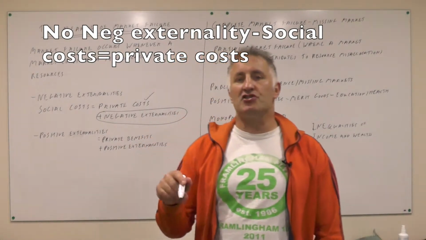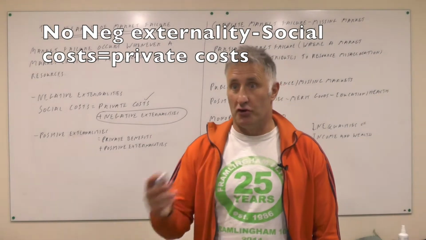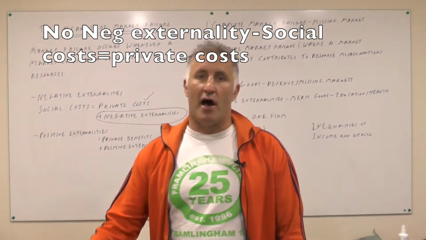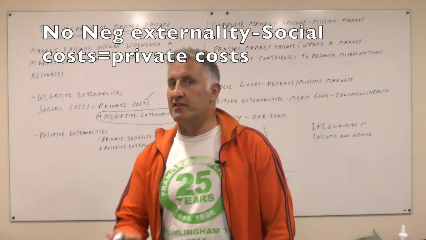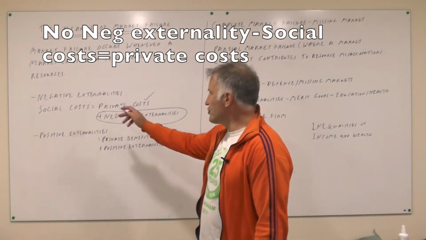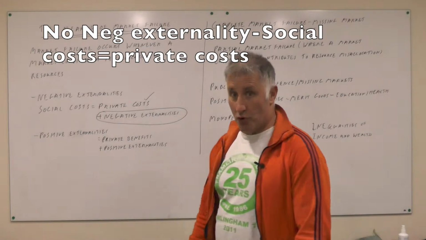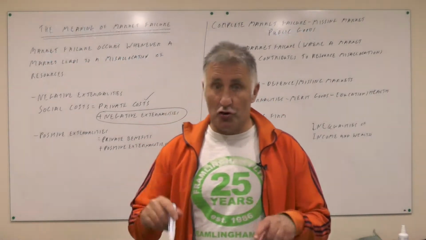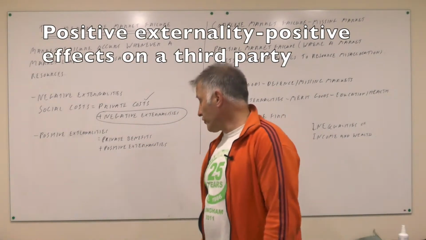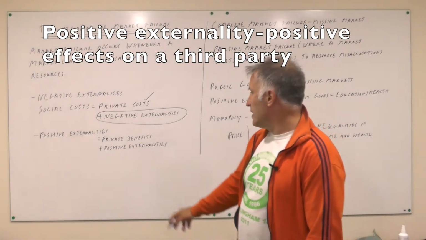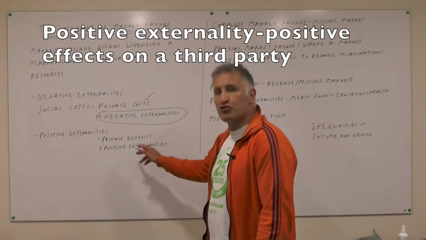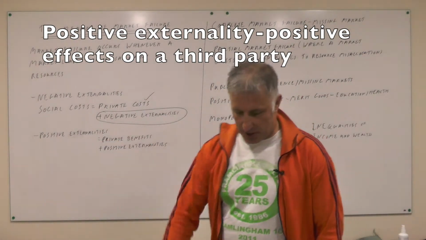Now, if there isn't a negative externality on a good, say if you go out and buy some hummus, there is no negative externality, so the social cost will be equal to the private cost. The cost is the cost that you pay. Another case is a positive externality, which is a positive effect on a third party.